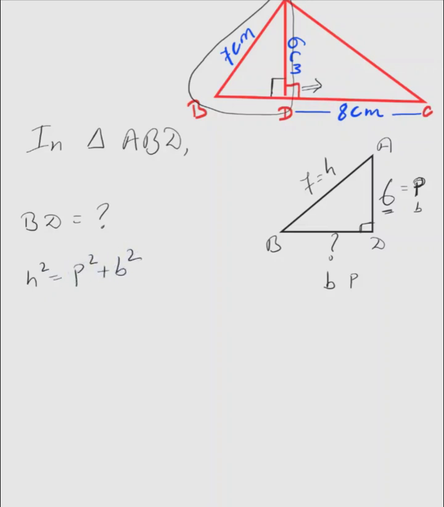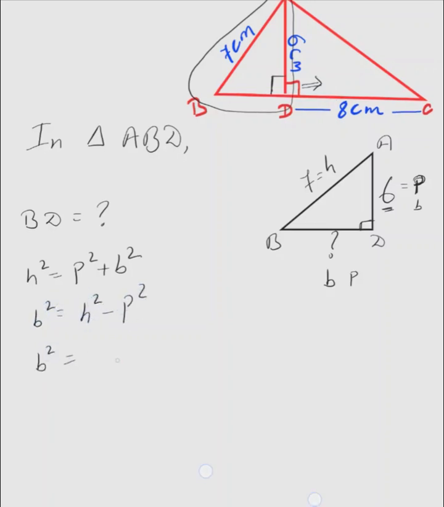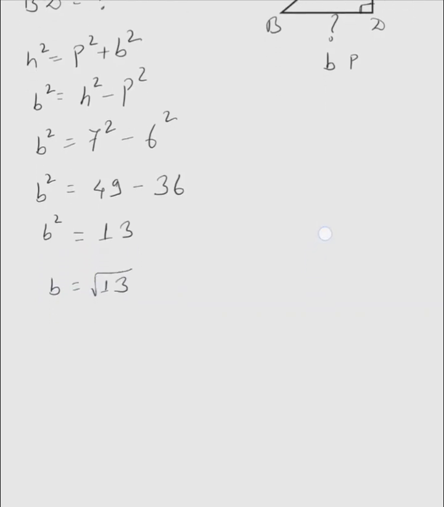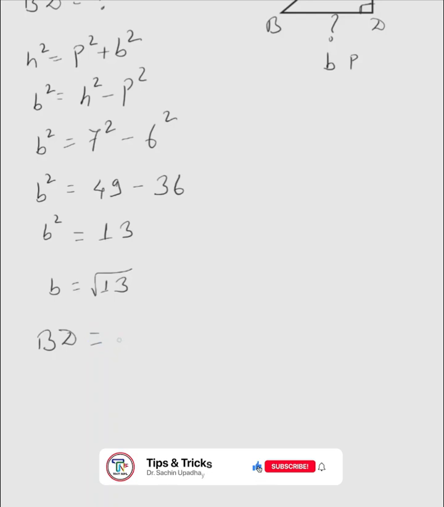H is given, p is given, so b square is equal to h square minus p square. That is h, meaning 7 square, minus p, meaning 6 square. B square is equal to 49 minus 36, so b square is equal to 13. So b is equal to root 13 is the answer. So BD is equal to root 13. We can write it in this way. This is the answer.